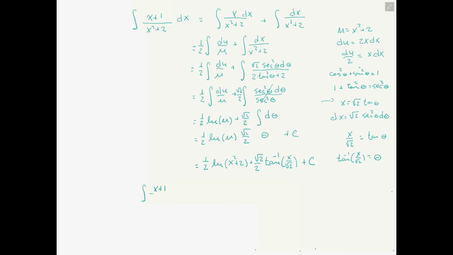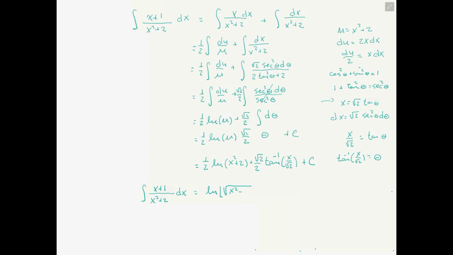And so now we could use some exponent or natural log properties, characteristics, and get rid of that 1/2.